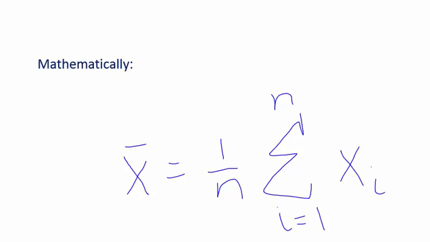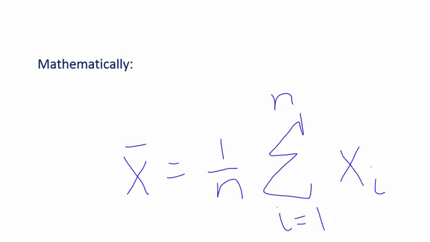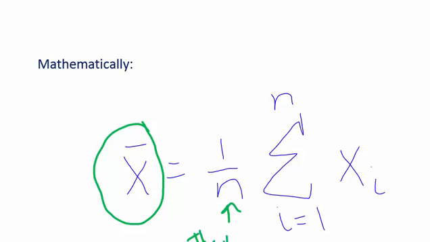As you can see here mathematically, we have x bar, which is our average value of our random variable x, is equal to 1 over n, where n is our number of observations, our number of samples, and basically what we do is we sum all of the observations and we divide them by n.